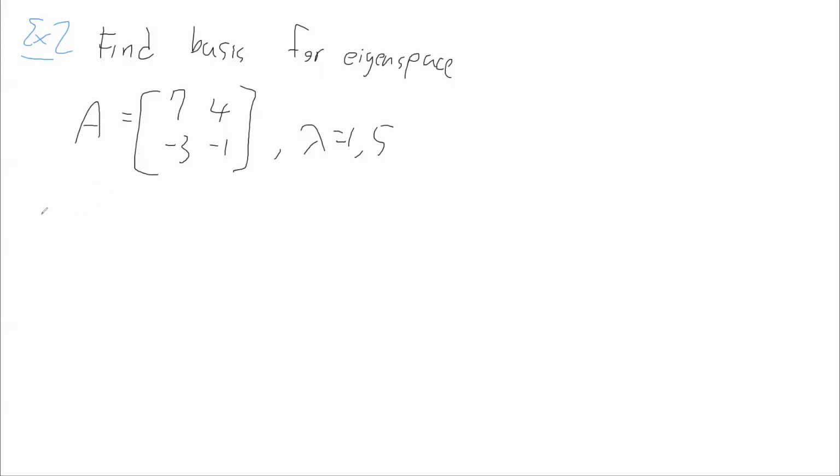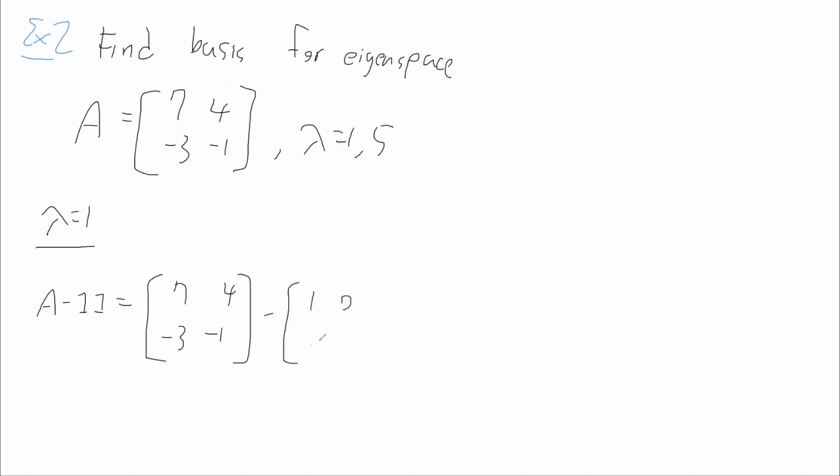Okay, so first I'm going to work with lambda equal to 1. A minus 1I is going to be 7, 4, -3, -1, minus 1, 0, 0, 1, which is 6, 4, -3, -2.